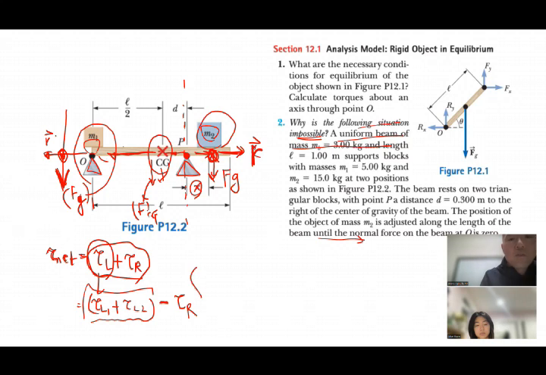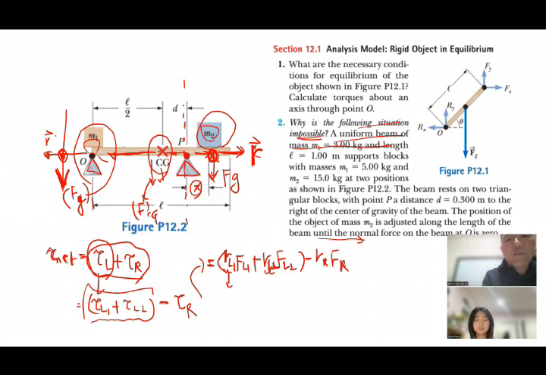If you plug in the definition of the torque about a given point, that is R_L1 times F_L1 plus R_L2 F_L2 minus R_2 F_R.